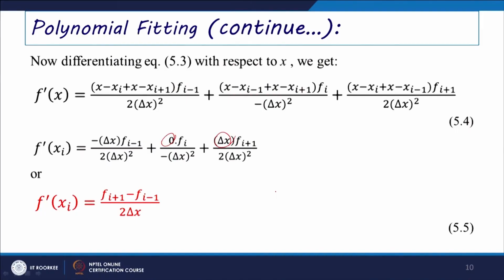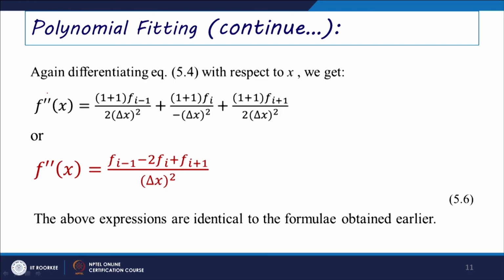If we go for second order differentiation, that is, differentiating once more, f double dash of x for this equation, since 2x is present, 2 by 2 can cancel out, so it can be written in the form of fi minus 1 by del x square.